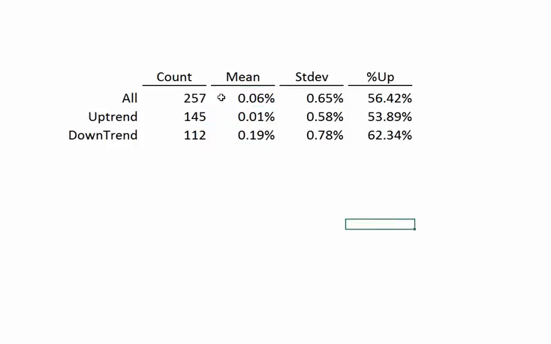Furthermore, on any given day over the course of this year, randomly buying the market, we'd have had a 56.4% chance of the market closing up. If we only bought stocks when this uptrend indicator said it was okay to buy, we only close up 53.9% of the time.